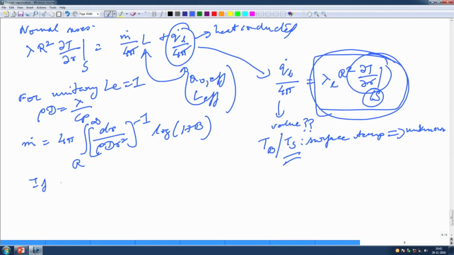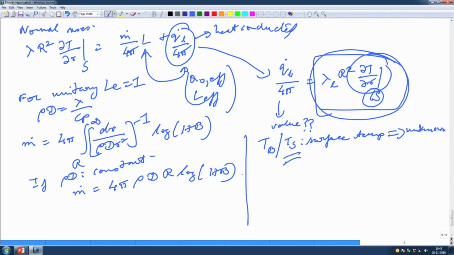If your rho D is constant, which in normal cases it is, we already established this two slides back in the last lecture, and we established the two mass transfer quantities.